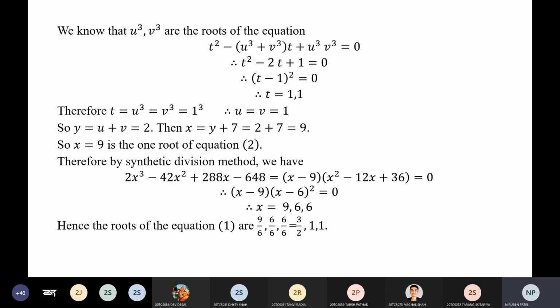All the students, are you clear about this method, Cardan's method? Yes, ma'am. So here Cardan's method is also completed. Cardan's method is finished here.